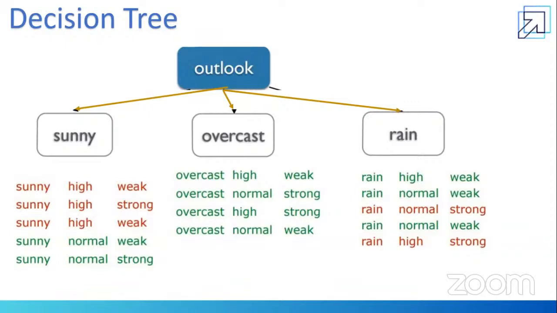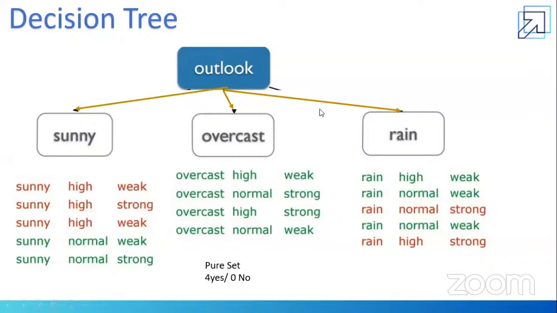So here in overcast, all the values are positive. Do we need to divide it further? No, because it is a pure set.